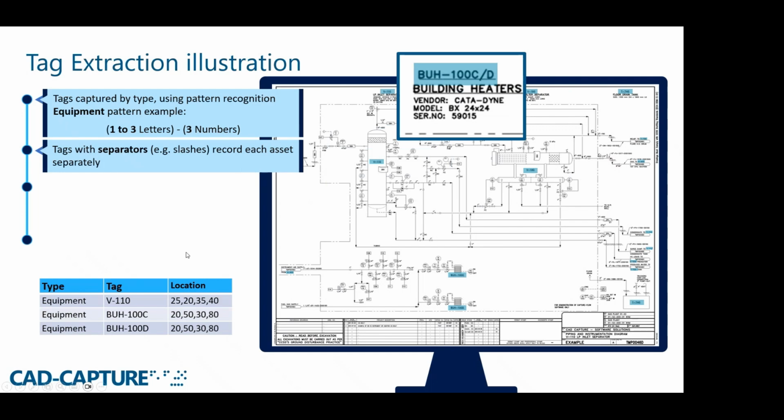We're also able to deal with abbreviations and shortcuts and separators. So here you have, on the heater, BUH-100C/D. The rule is 1 to 3 letters, dash, and 3 numbers.